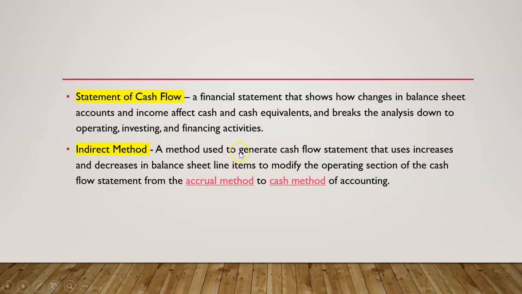So the way it works, it converts the accounting items from accrual method to cash method. Say for example, we have accounts receivable of $5,000, and if we receive the accounts receivable into cash, then it is converted from accounts receivable that was in accrual terms to cash of $5,000. So we are converting the accounts receivable to cash, and so that is an example of an indirect method.